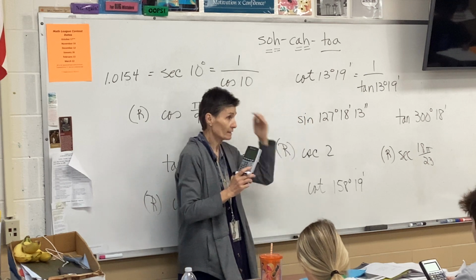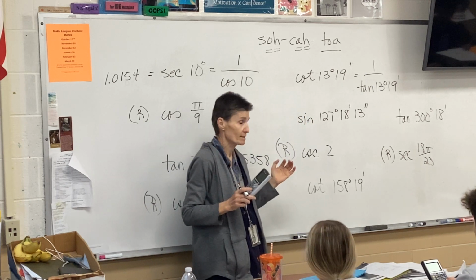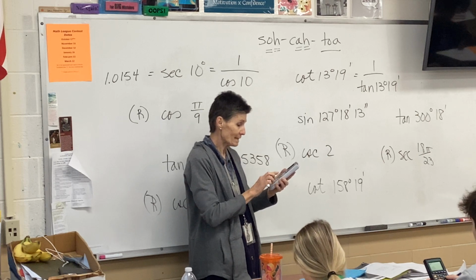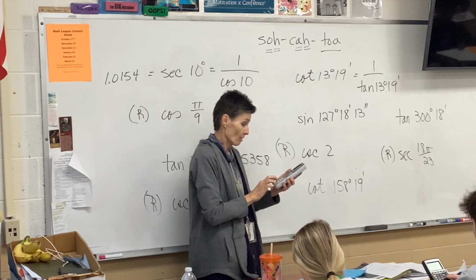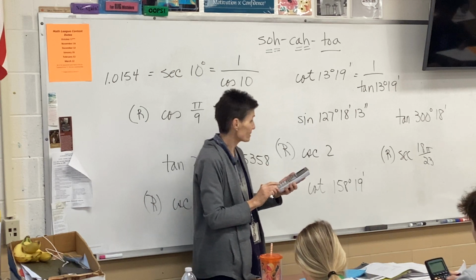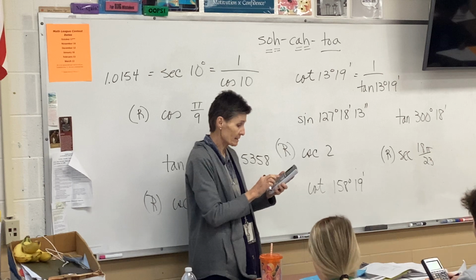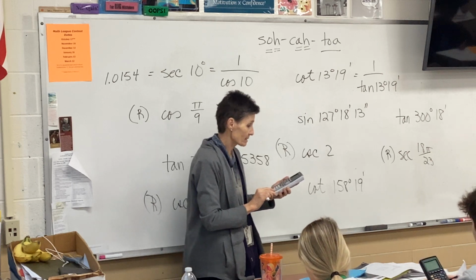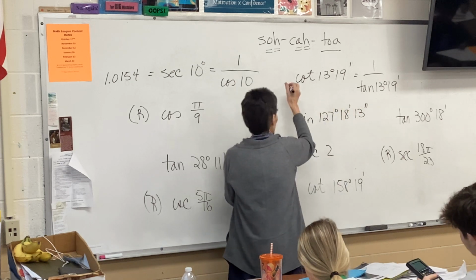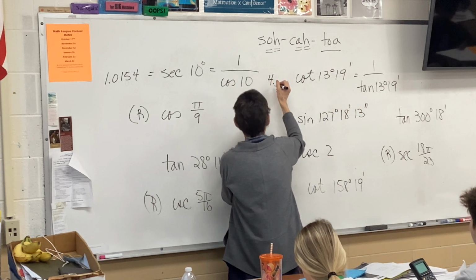So you physically type, there are no shortcut buttons, 1 divided by tangent, 13 second angle degrees, 19 second angle minutes. And you should get 4.2248.